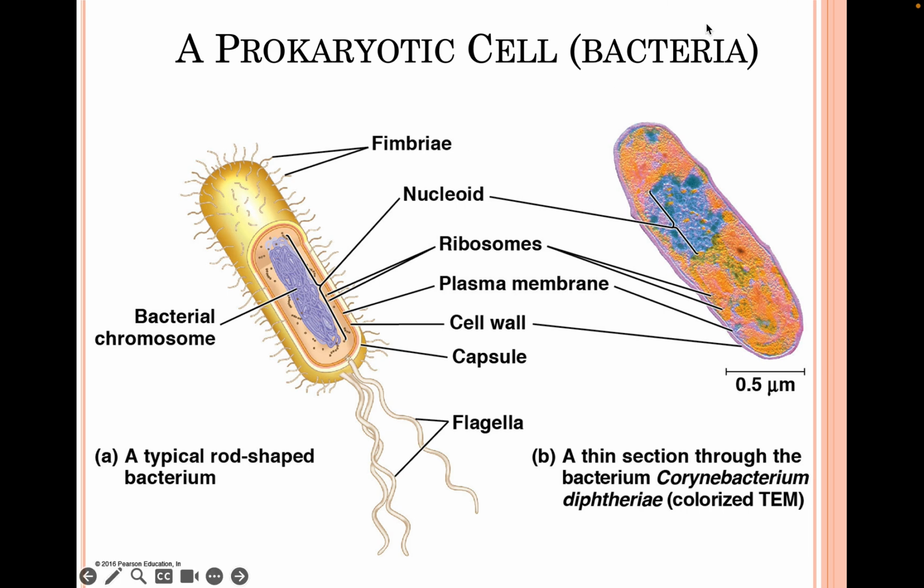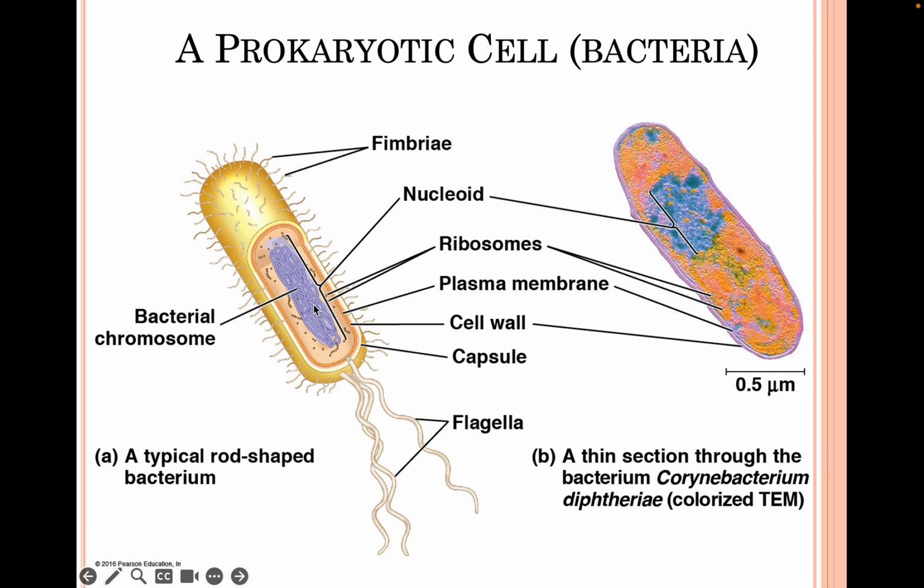All right, so a prokaryotic cell, or in this case specifically a bacterial cell, we see the same scale bar here, half a micron, and about 3 micrometers long. Some bacterial cells have structures on the outside, like fimbriae or flagella, to help them move. They lack a nucleus, so instead of having a membrane-bound nucleus, their genetic material is clustered together in the center of the cell, and we call that clump of DNA a nucleoid.